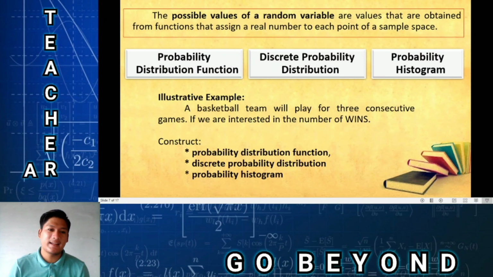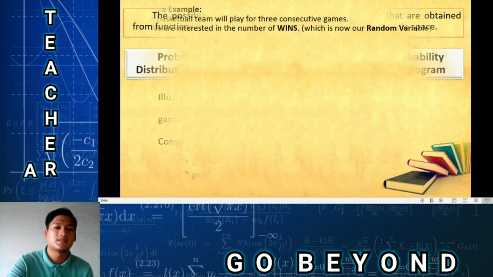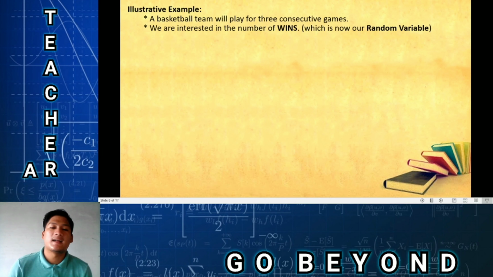So let's start. Again, example. A basketball team will play for 3 consecutive games. Then we are interested in the number of wins. So let's construct the probability distribution function, discrete probability distribution, and probability histogram. Okay, let's know the situation.